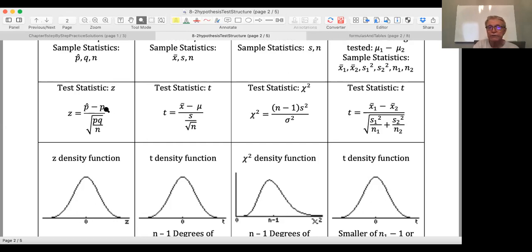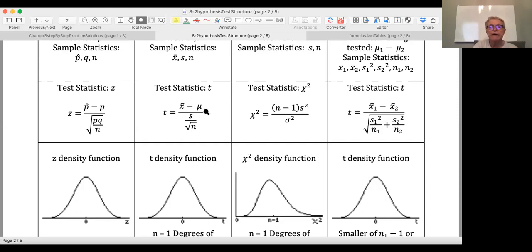However, if p is not true, in other words, our assumption is false, p hat is looking at the true parameter p, and so it's very likely to be substantially different from the assumed value, and therefore this is going to be large, making z large. Large in the positive direction if p hat is bigger than p, large in the negative direction if p hat is less than p. So we're liable to get p hat values out here in the tails. We're liable to get a z value in one of the tails if the assumption is false, okay?